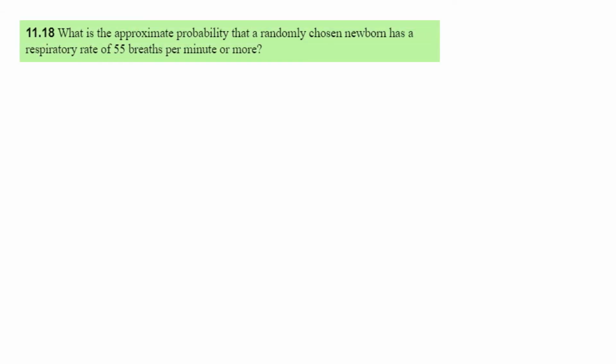Next question is, what is the approximate probability that the rate is 55 and more? Again we are using the same normal curve. 55 and more is the region lying to the right of 55. 50 is the center.